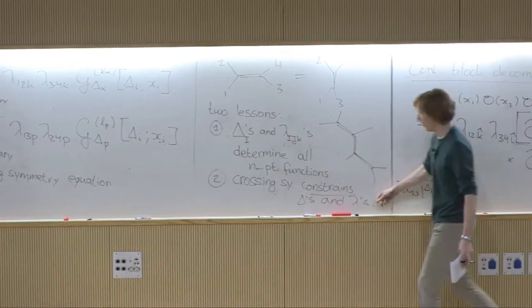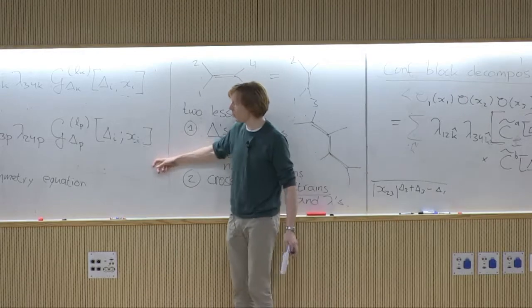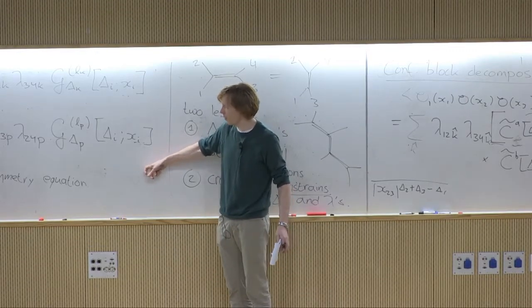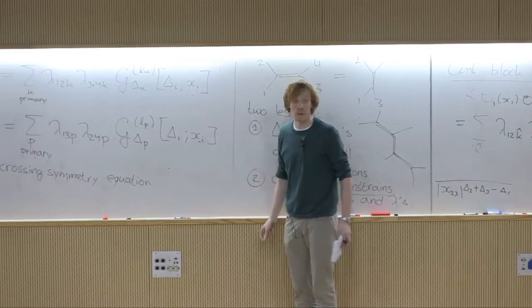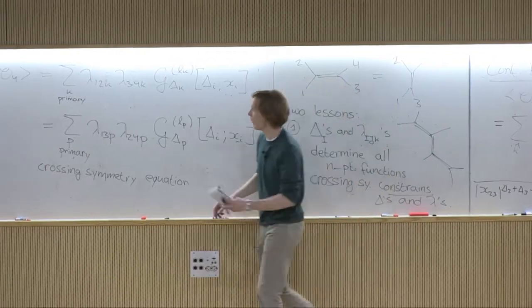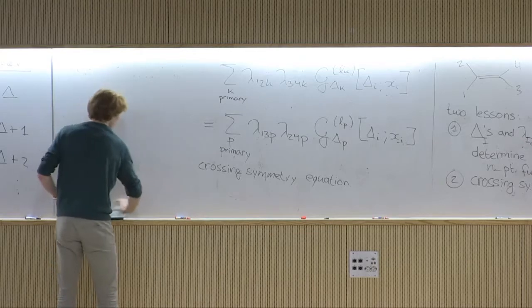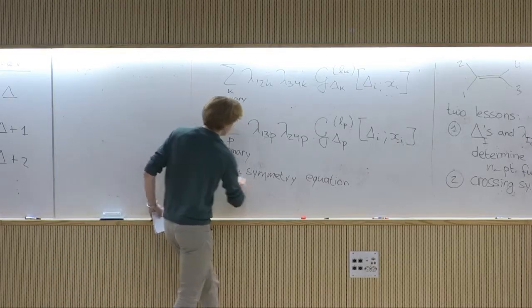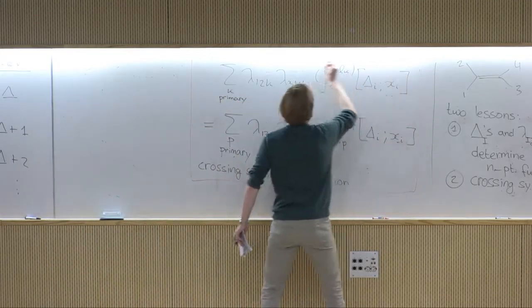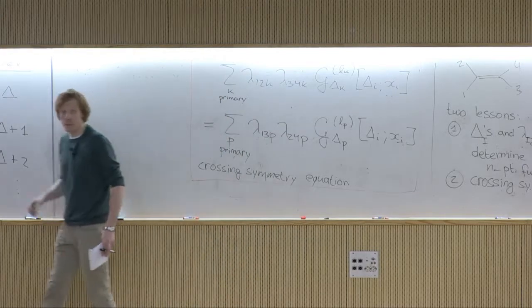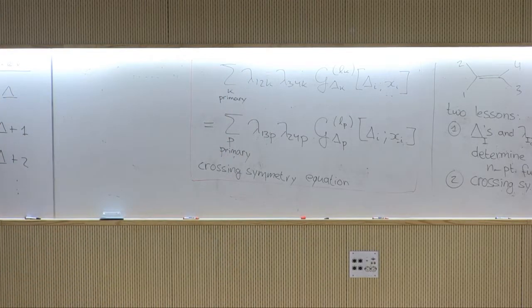So now we can try to see if we can use these crossing symmetry equations to determine the deltas and the lambdas. So let me ignore the fact that this was a 4-point function, and let me highlight that this is just a highly non-trivial set of consistency conditions for the lambdas and the deltas.